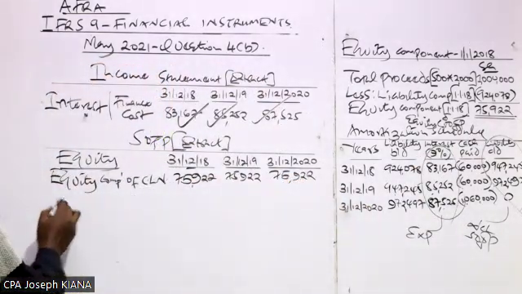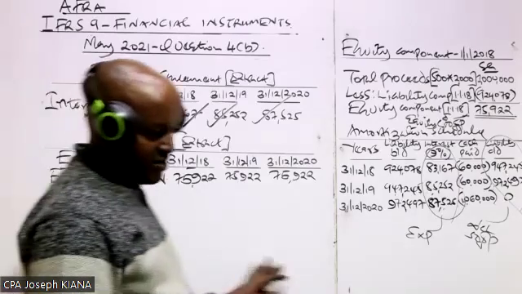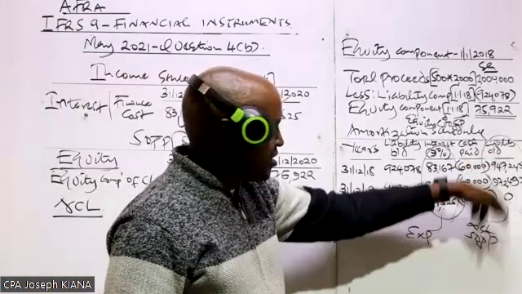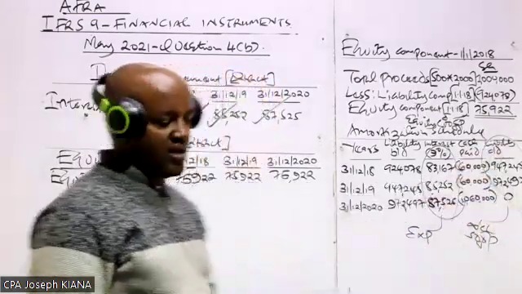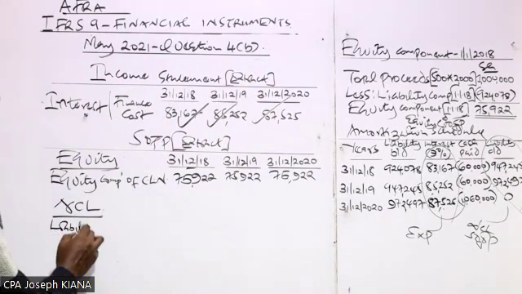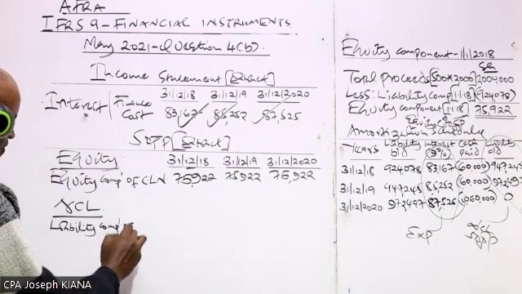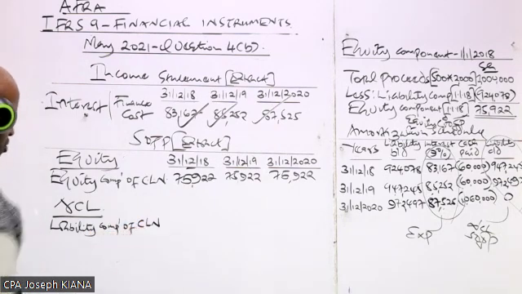And then under non-current liabilities, we record this liability component here. Specifically, we refer to that as liability component of convertible loan notes.